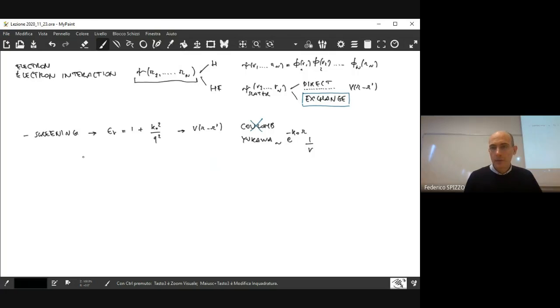neglect the contribution of the surface, because the surface is a strong modification with respect to the solid state potential.